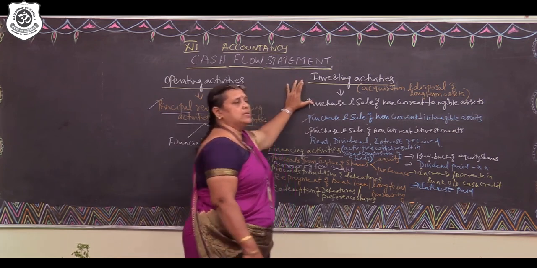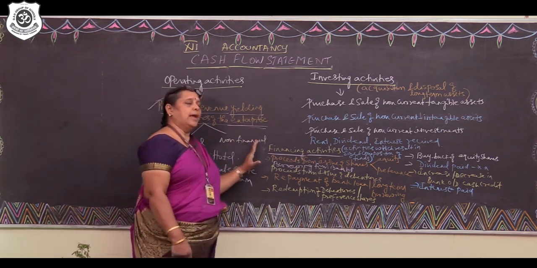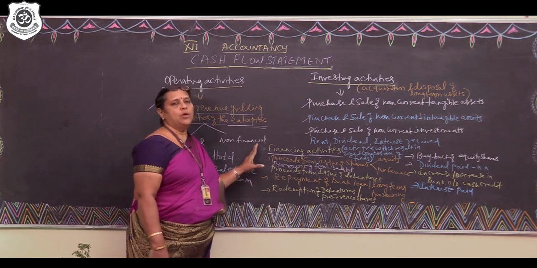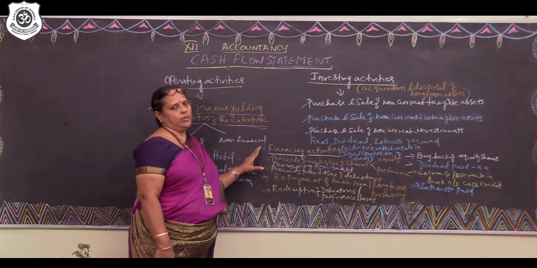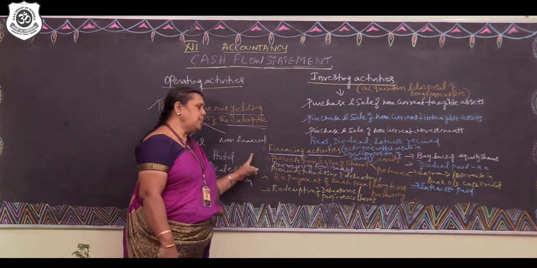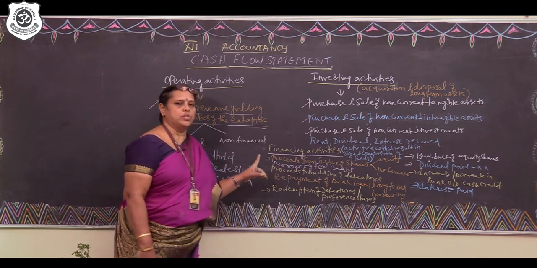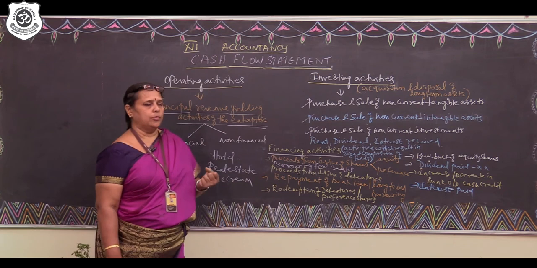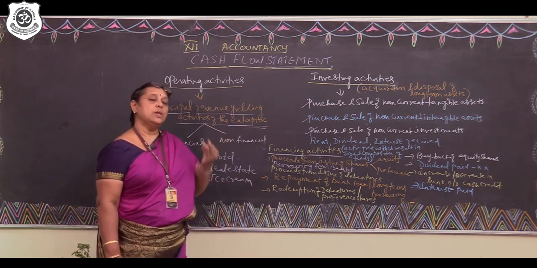The last one is financing activities, which deals with the activities which result in changes in the size and composition of long-term funds in the form of owners' funds and long-term borrowings. Now, examples of financing activities will be proceeds from issue of shares, equity shares or preference shares, due to which there is an inflow of funds. Proceeds from issue of debentures, again an inflow of funds.